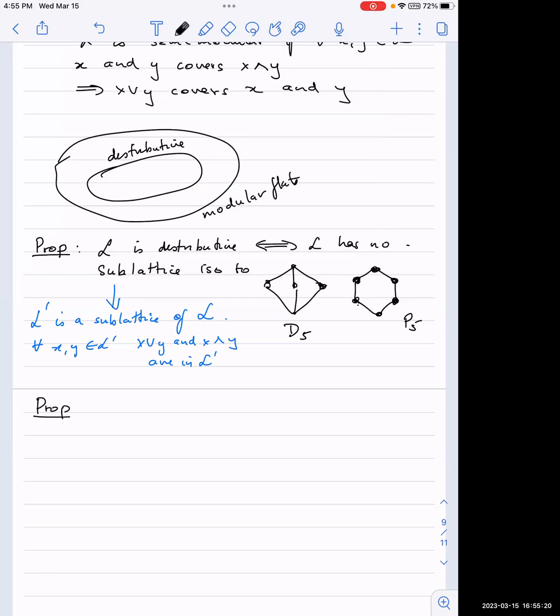And we have another one like that: L is modular if and only if L has no sublattice isomorphic to this one. This is a Hasse diagram.